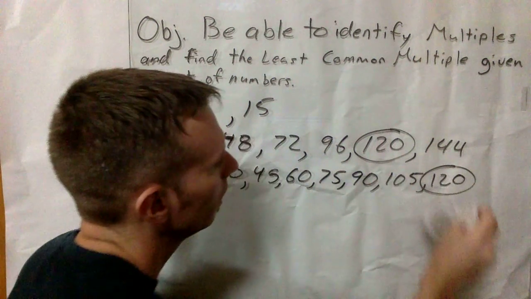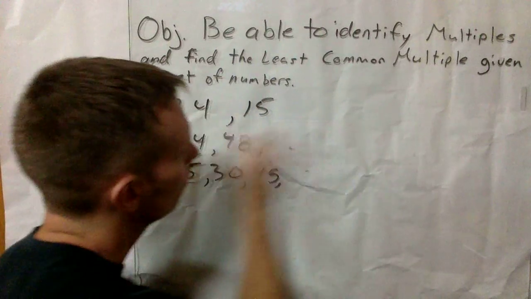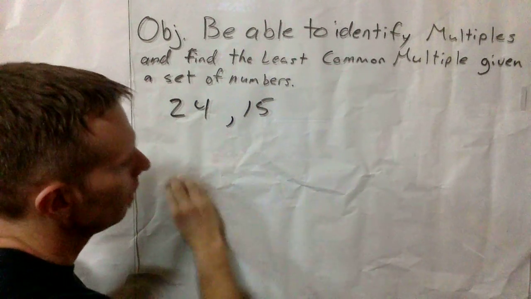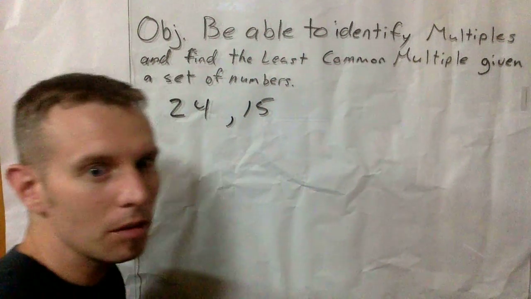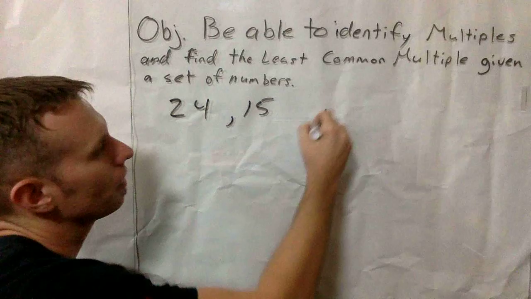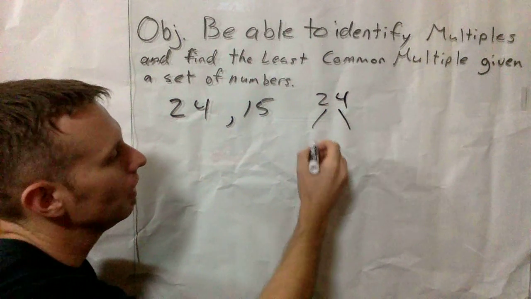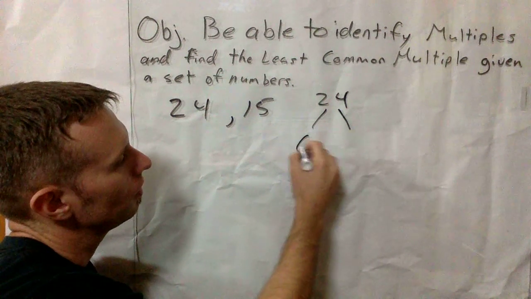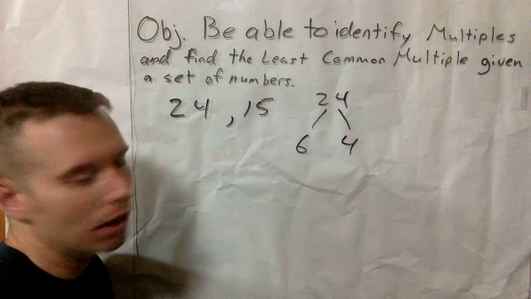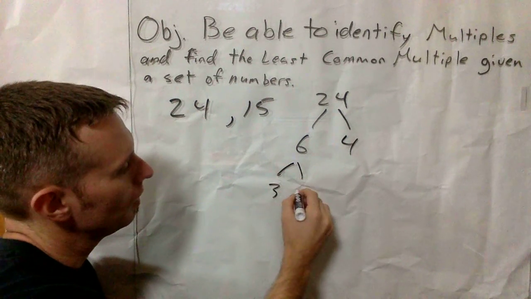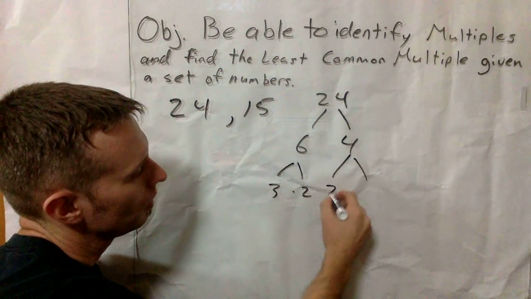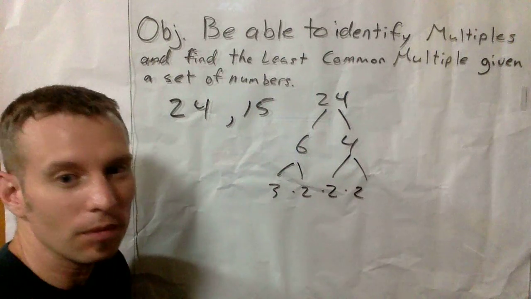Now let me show you another way. I'll just use those same 2 numbers. You can also use the factor tree method. So you take the prime factorization of 24, and you get, we can just do, 6 times 4 will be fine. And then you have 3 times 2 times 2 times 2.